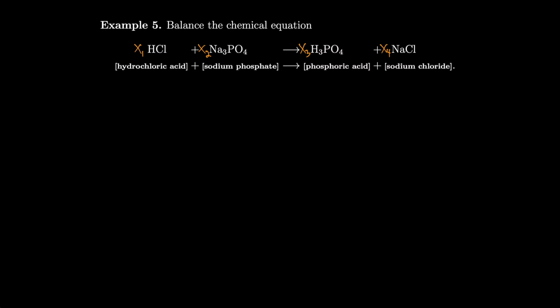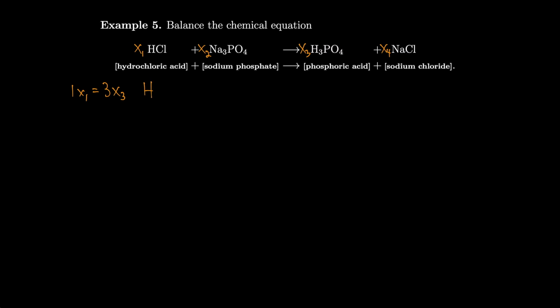So looking over here and collecting each of my atoms, I've got 1x1 hydrogen left. So 1x1 should be equal to 3x3, because notice there's 3 hydrogens over there. So that gives me the coefficient 3 for my coefficient x3.